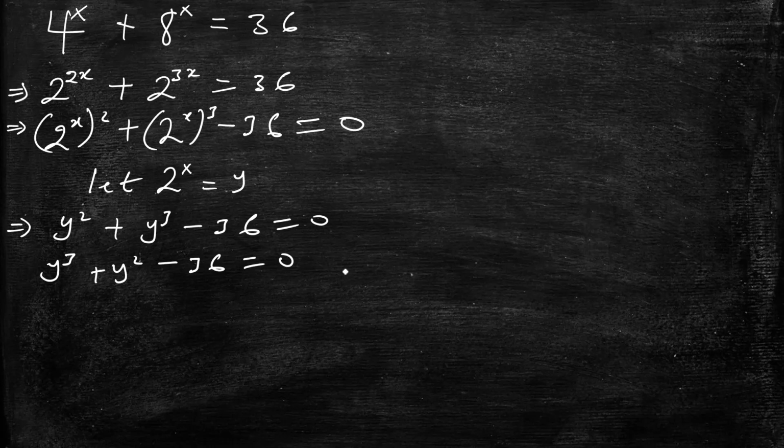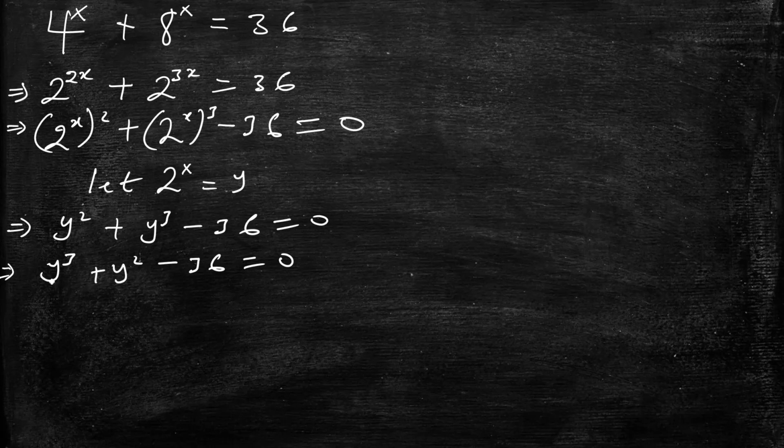Let's look at the first factor here. I want to perform the division, but we need to find the first factor by trial and error. So let's get values of y which will make the expression go to 0. Let's start with y equals 2.